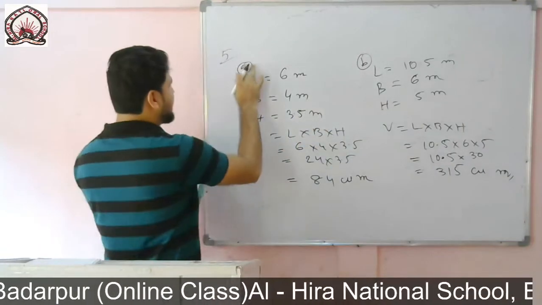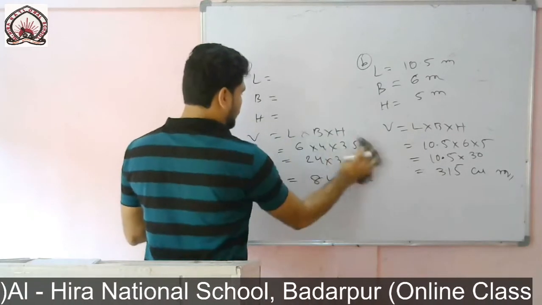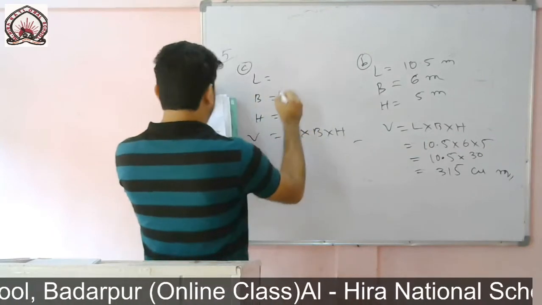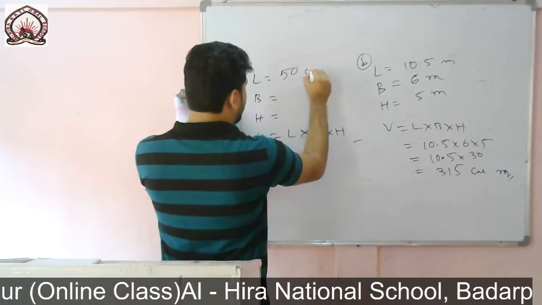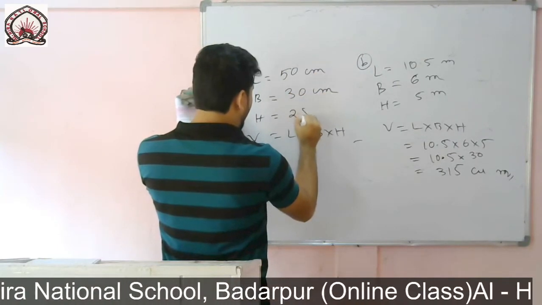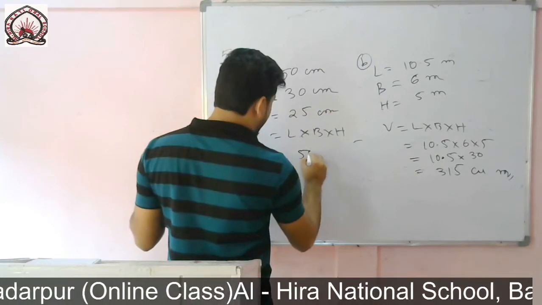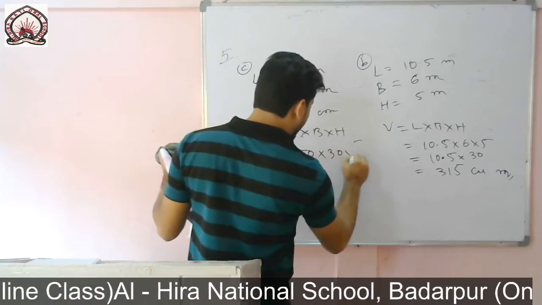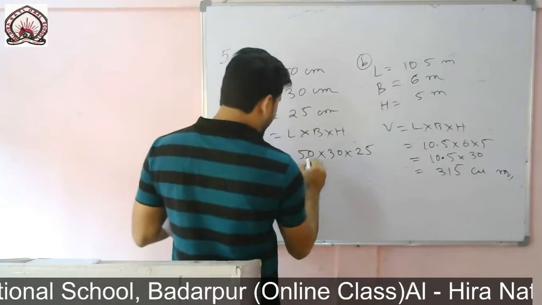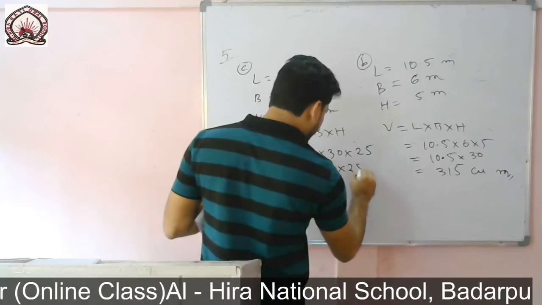Now come to question number C. 50 centimeter, 30 centimeter, 25 centimeter. So write 50 into 30 into 25. Okay, so we'll get 5 into 3, 15, 00 into 25.